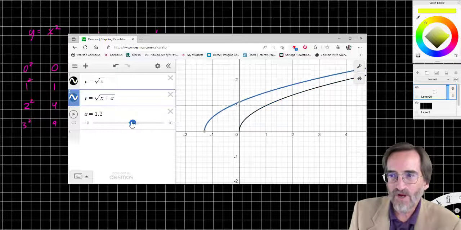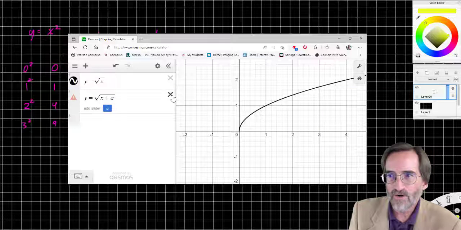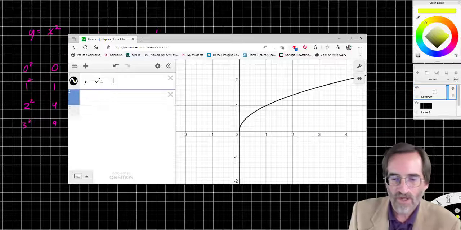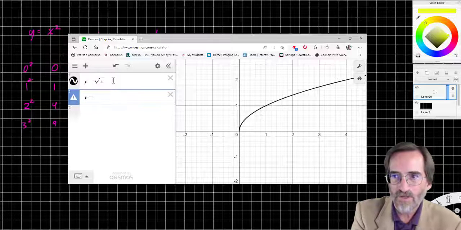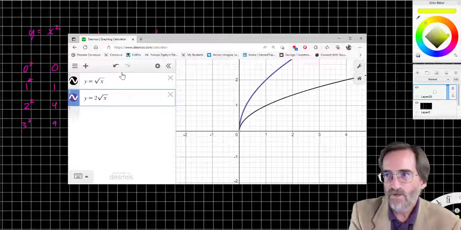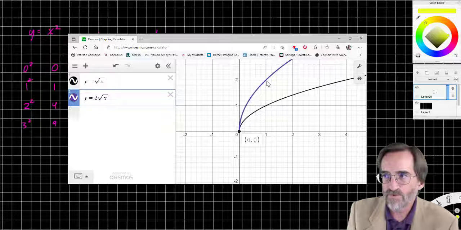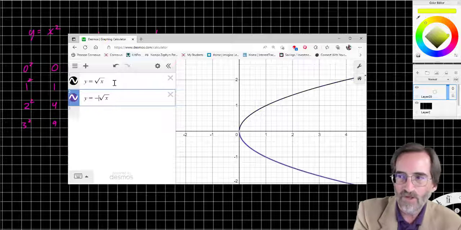Those are the primary transformations you're going to be playing with. But there are others. For example, I can multiply: y equals 2 square root x. Everything is twice as tall. It still starts at 0, 0, but instead of going through 1, it goes through 2. I can flip it by putting a negative.